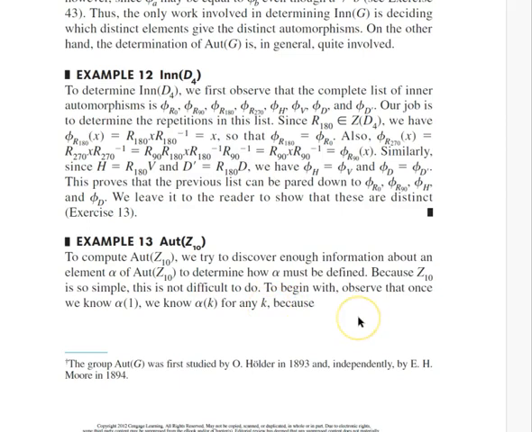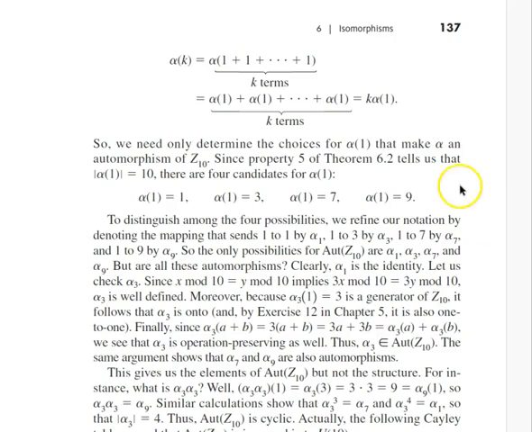It is the case because alpha of k is alpha of 1 plus 1 plus 1, k times, but because alpha is an automorphism, it respects the operation. That means alpha can go inside and add those.